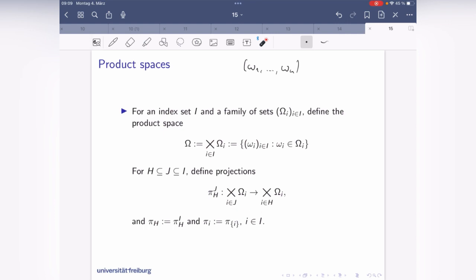We will need them. And if the J here is the full index set, so if that's I here, we leave that away. And if H here is just a singleton, we'll write that like this here. And I think that's usual notation.